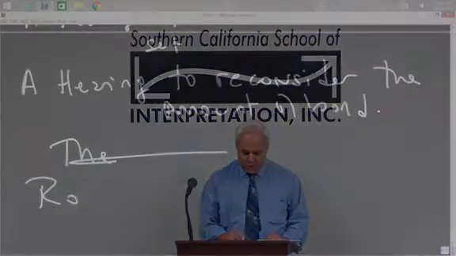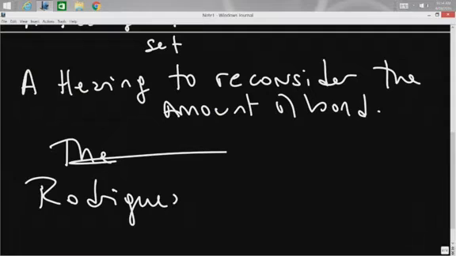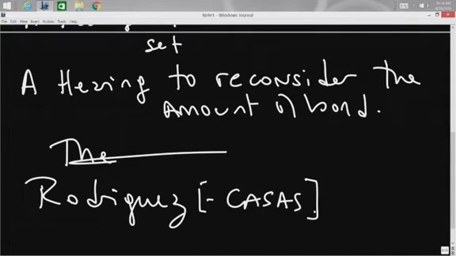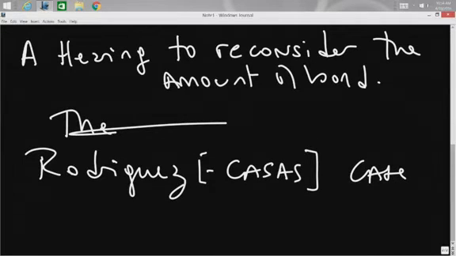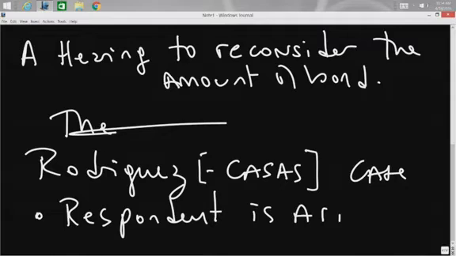So again, we are in the Rodriguez Casas case, and very often they don't say Casas. What are they trying to prove? Well, they want to know whether the respondent is a risk of flight, okay?